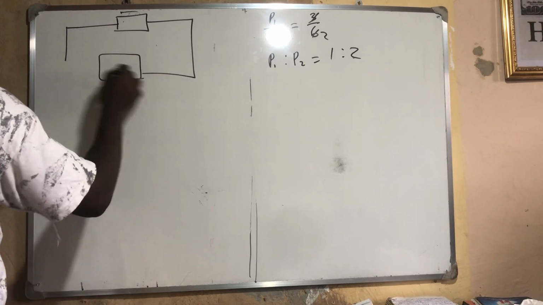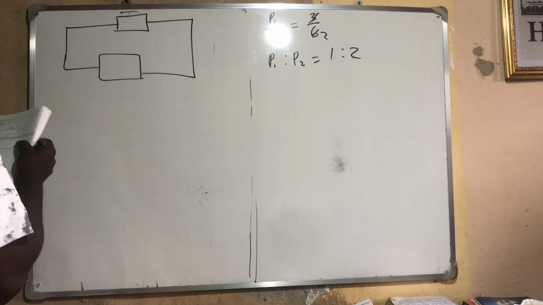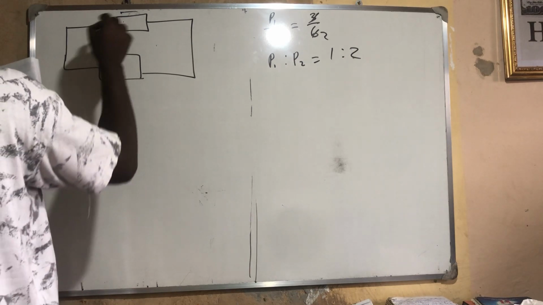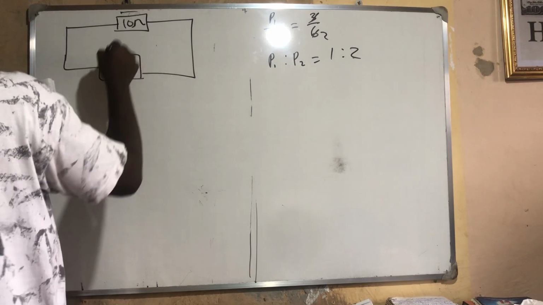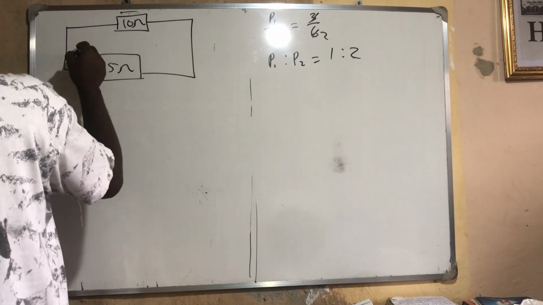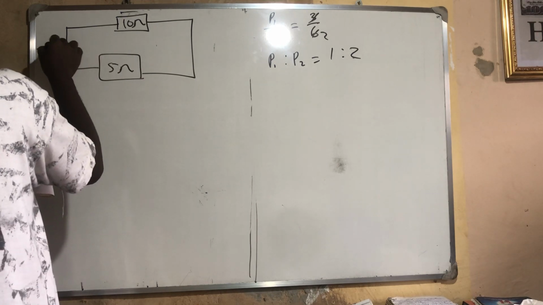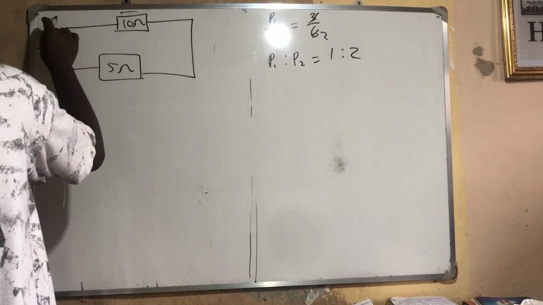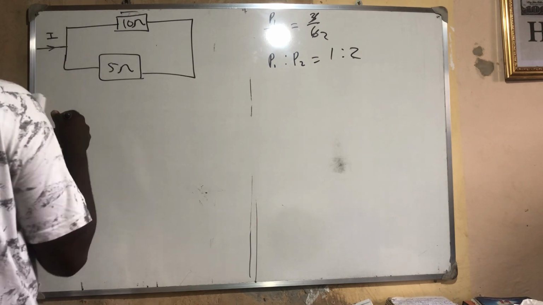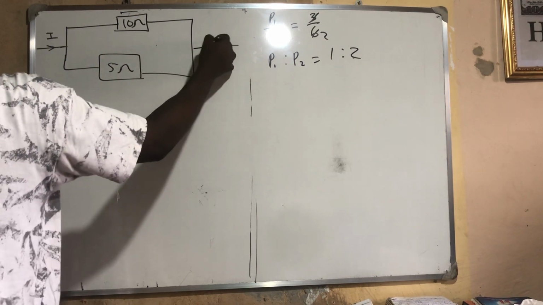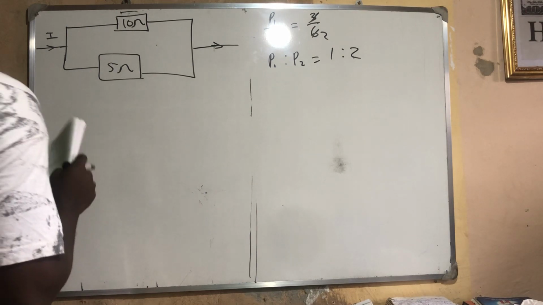You have learned another formula, that P1 R1 is equal to P2 R2. So this is 10 ohms and this is 5 ohms. And then current I enters this way, and then flows outside here.